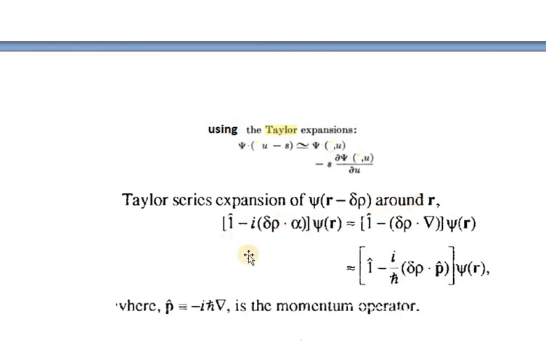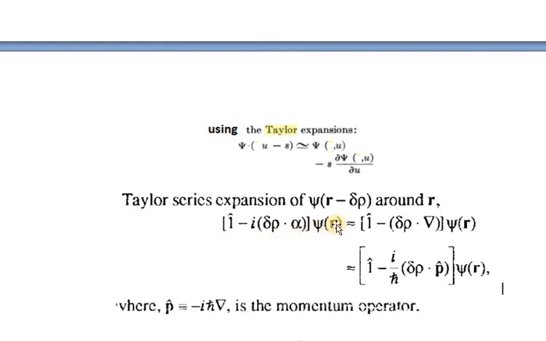On the left side, the unitary operator, we have U psi of r. We have used the Taylor expansion here: e power minus i delta rho alpha. We expanded it here and wrote it.